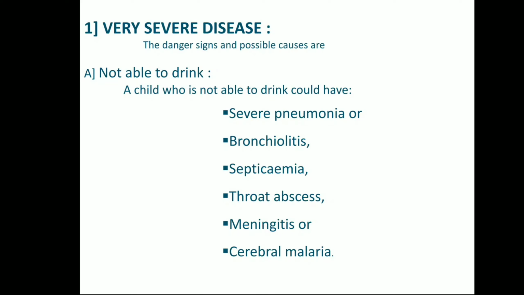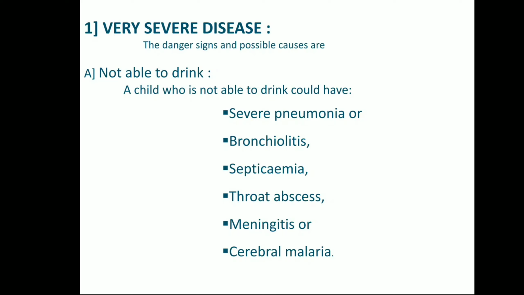When the child is not able to drink, the child might have the following types of diseases. He may have severe pneumonia or bronchiolitis, septicemia, throat abscess, meningitis, or cerebral malaria. So whenever a child is having these diseases, the child may be not able to drink.